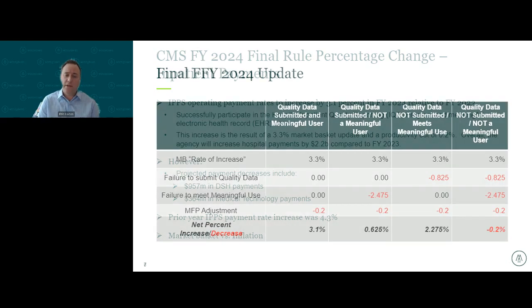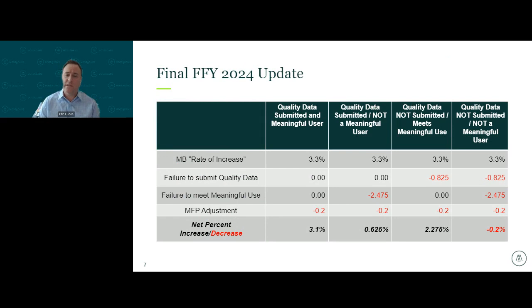So to talk about 3.1%, there's still the limitation that hospitals will need to submit quality data and be meaningful users in order to get the entire increase here. There continue to be significant penalties here. And as you can see in that last column, if a provider does not submit quality data and is not a meaningful user at this point, we're looking at actually a rate decline.